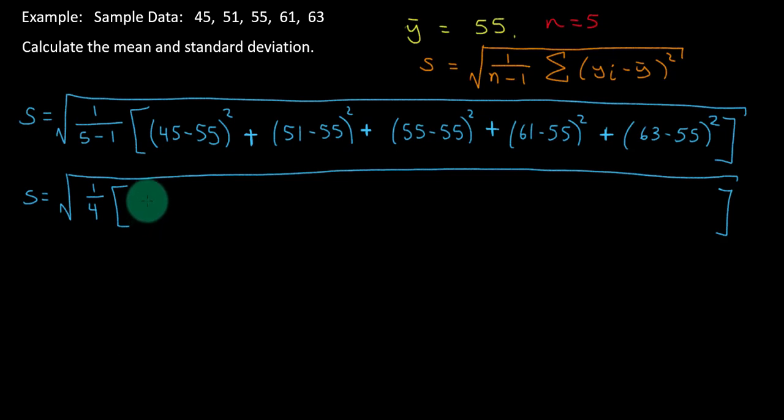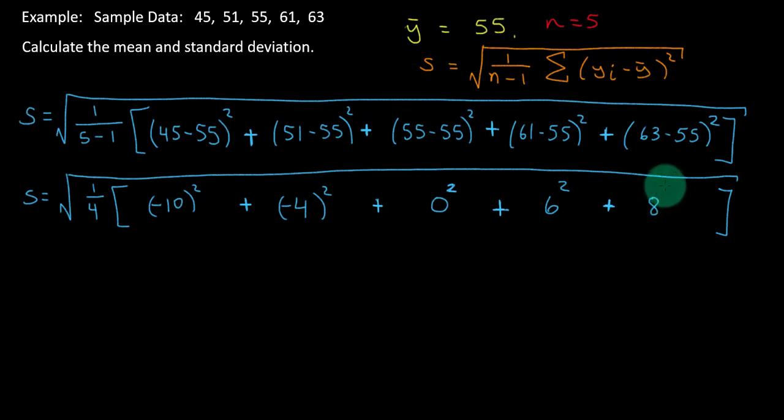So here this looks like a negative 10 squared, 4 squared, negative, everyone's favorite number, 0, 6 squared. I forgot the square on that 0, but I didn't really need it, did I? And lastly, 8 squared.